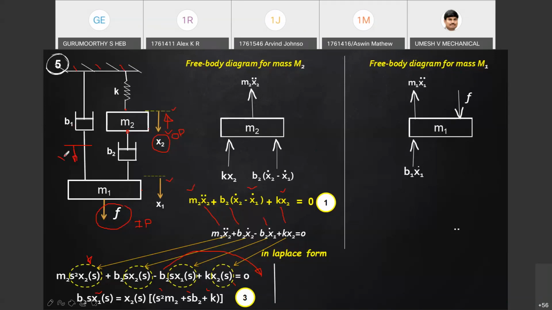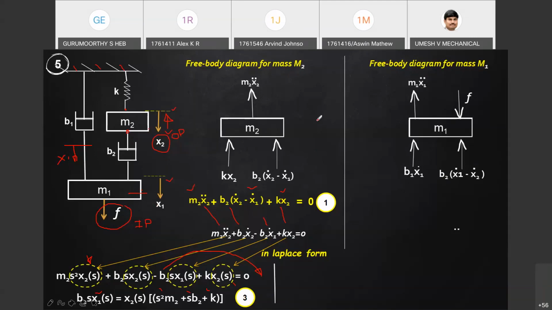So when you pull this, it will oppose. What is that? You can unmute and ask. And one more force, B2. So B2 will have x2 minus x1.